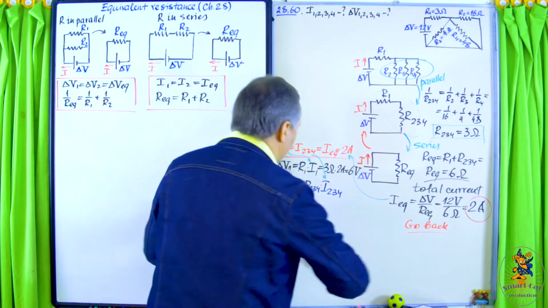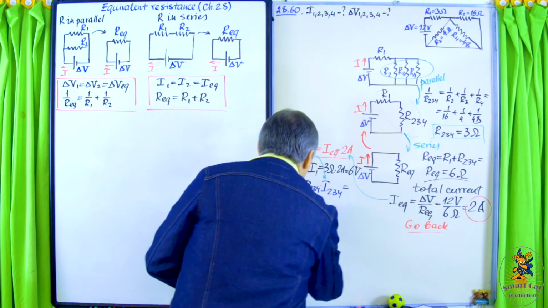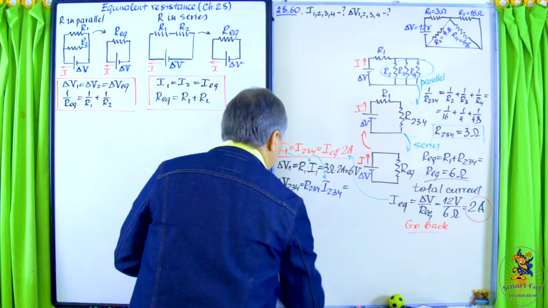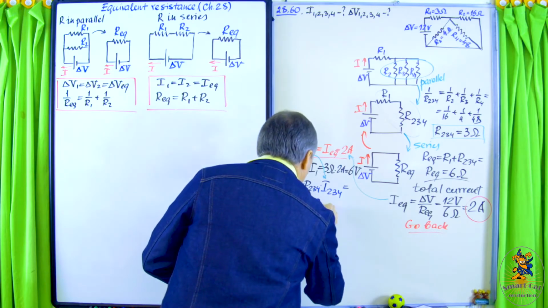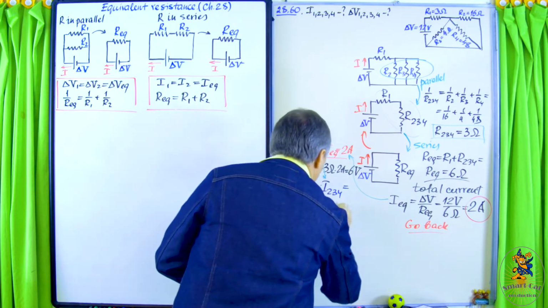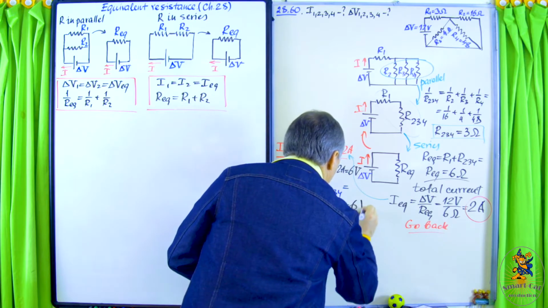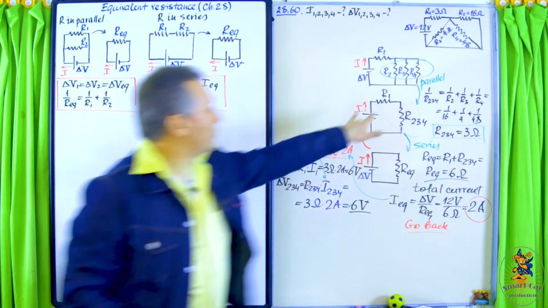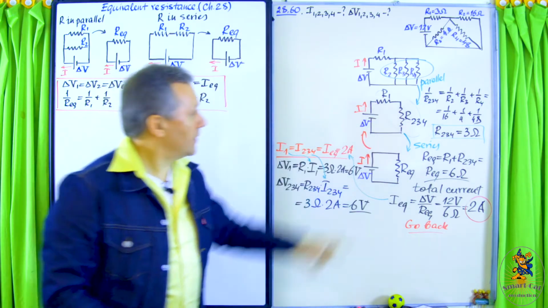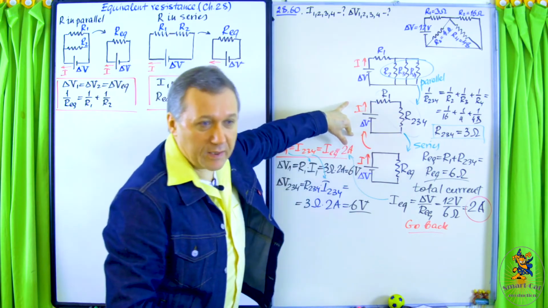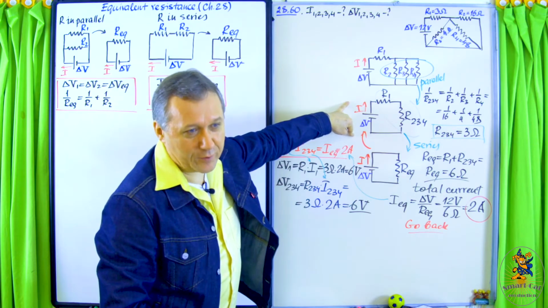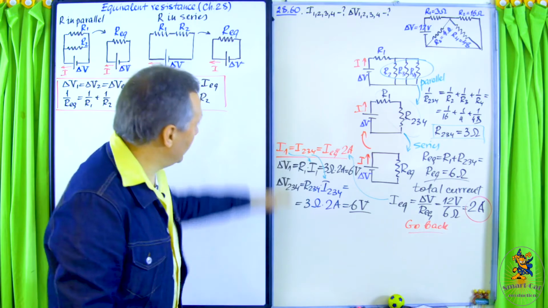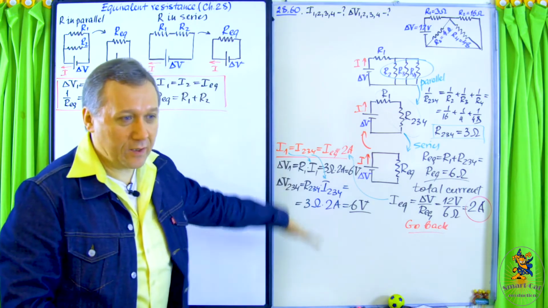So it will be 3 ohms times 2 amps, again a potential difference of 6 volts. So the voltage drop across both of these resistors is exactly the same, 6 volts, and of course that makes sense. It gives us a total of 12 volts, which is provided by the battery. Okay, so we exhausted everything that we can use from the first bridge.